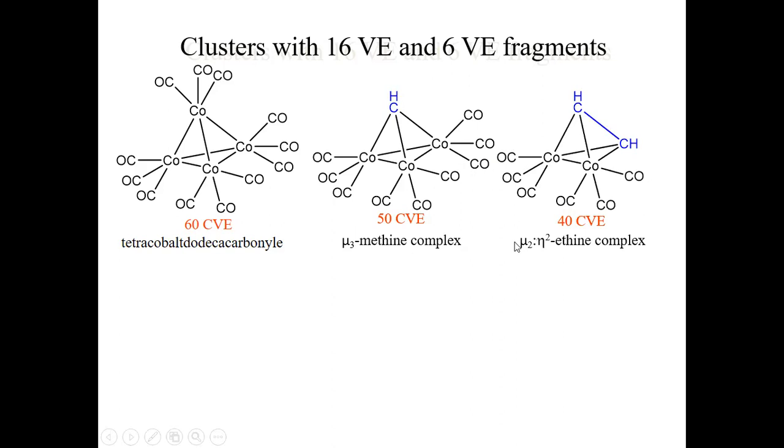This one can be conceived as a mu2 eta2 ethine complex. So one can understand this complex as a complex in which ethine with a carbon-carbon triple bond binds side on to this dimeric carbonyl cluster.